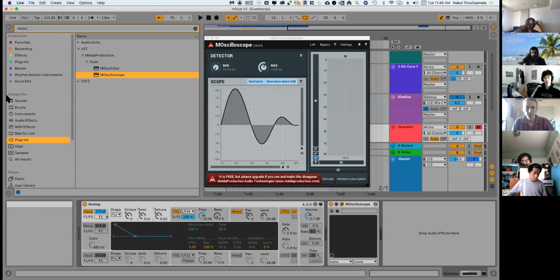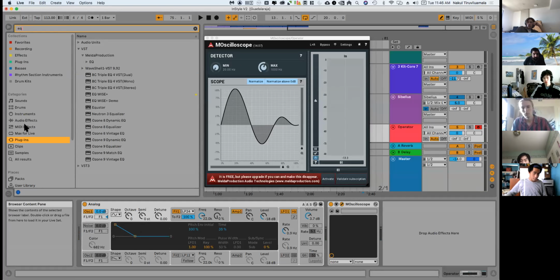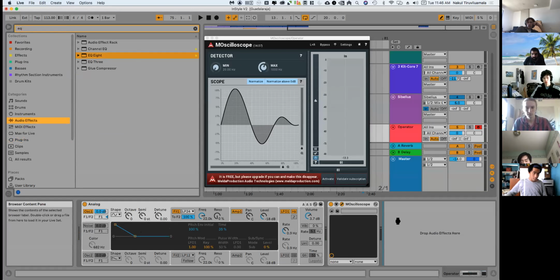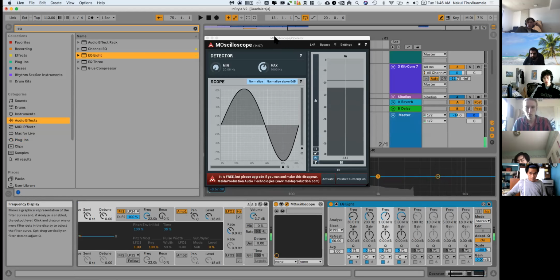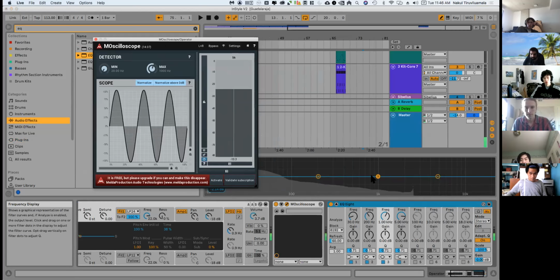Let me actually open up an EQ so you can see that. Audio effects, EQ8, right? It's just moving left and right. The pitch is moving left and right over and over again.